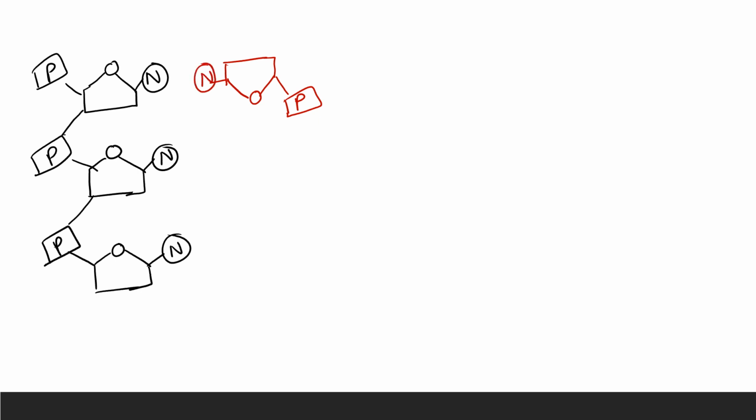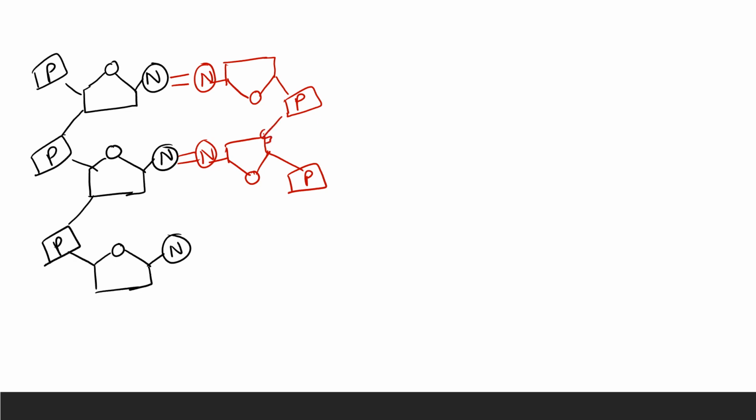So now we can make the bond between these two nitrogen, right? So this is the nitrogen. So the second monomer. So here we have phosphate, and here we have nitrogenous base. Now we can make the bond. Now this is a C3, right? This one is a C3, and now we can join this, right?